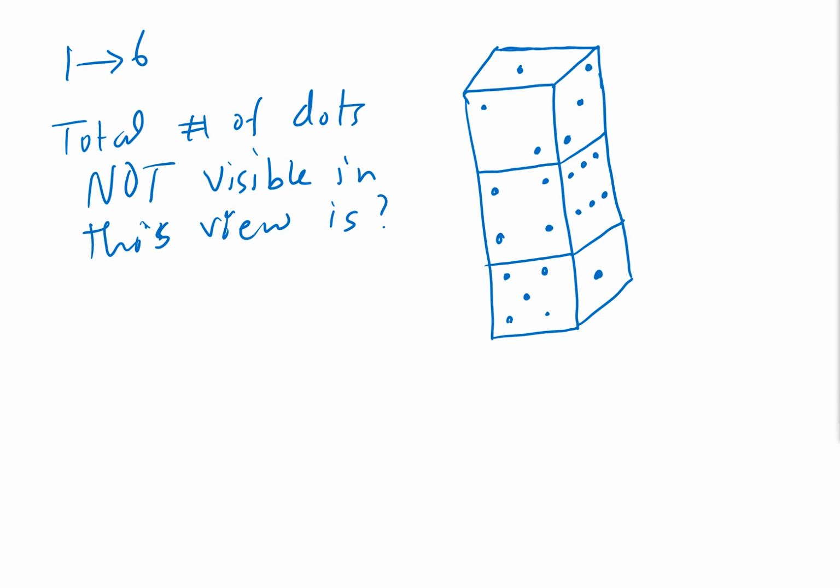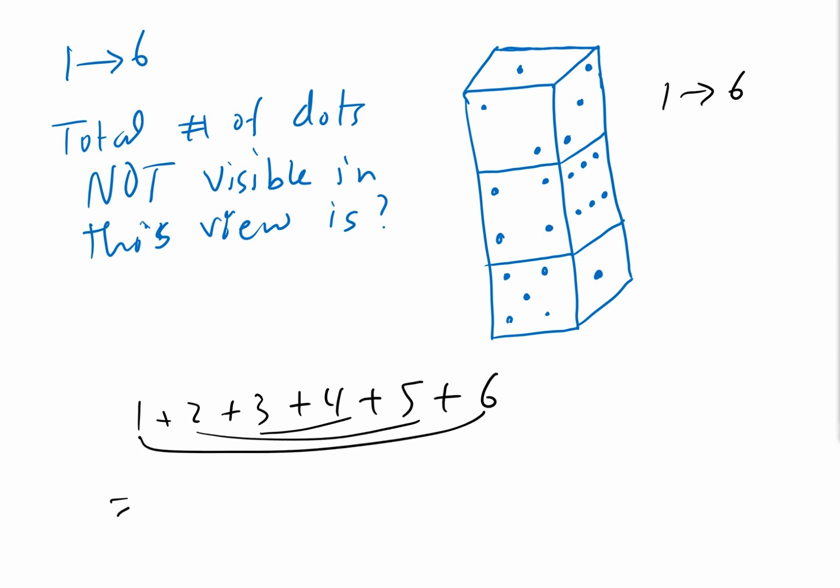For the top one, remember the numbers go from 1 through 6, like the dots. So what is the total here? 1 plus 2 plus 3 plus 4 plus 5 plus 6. The easiest way is to pair them: 7, 7, 7. 3 sevens, 21 dots on each die. Is that true?